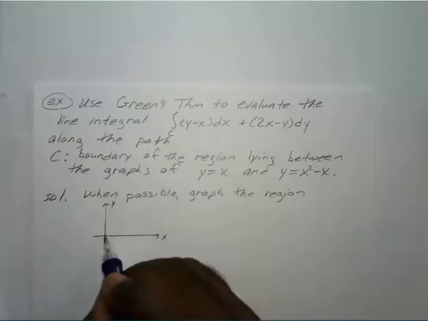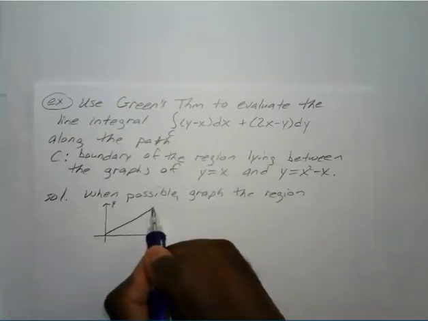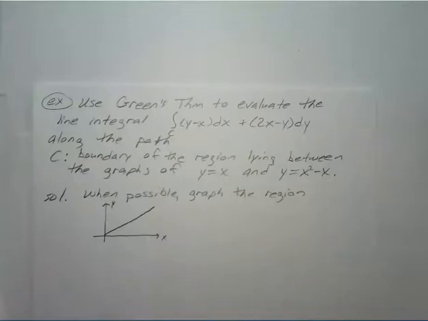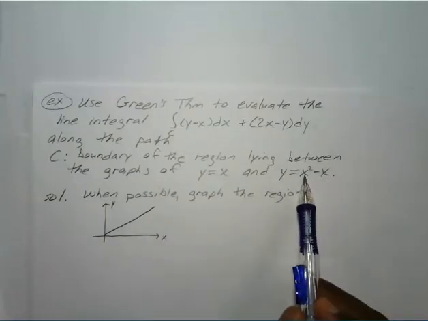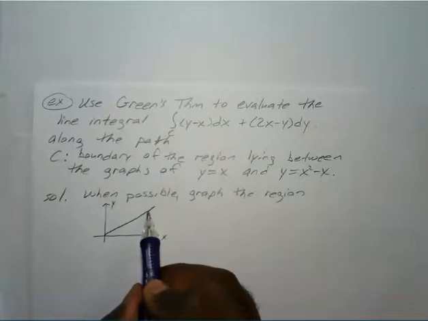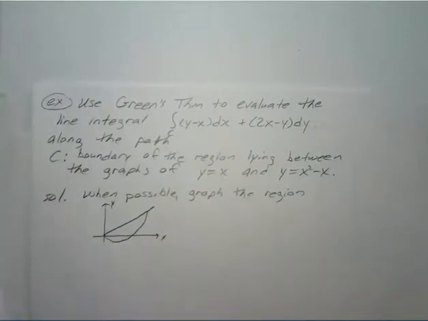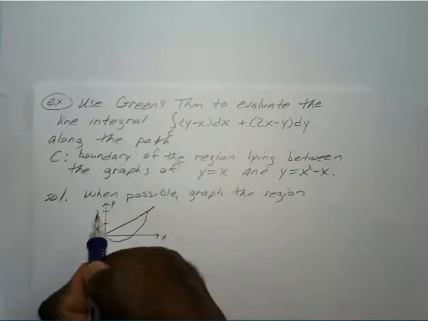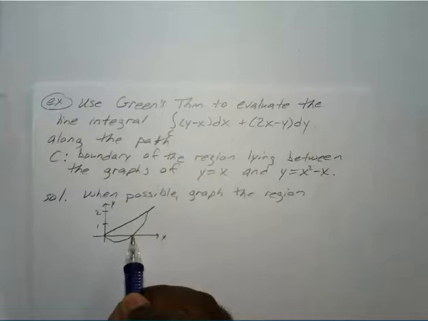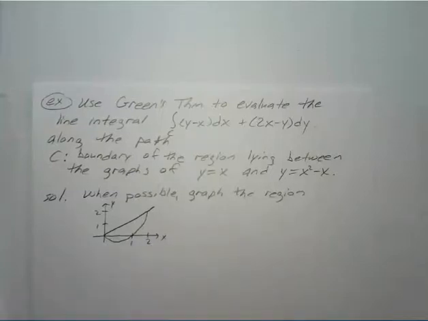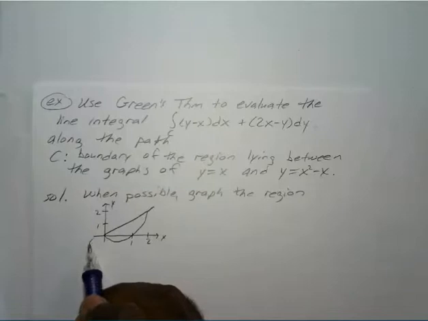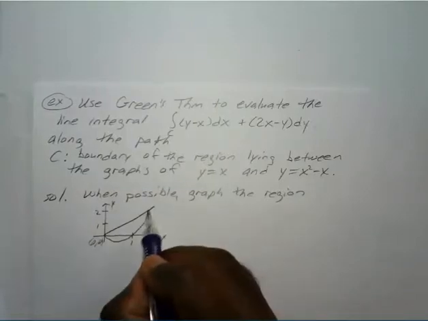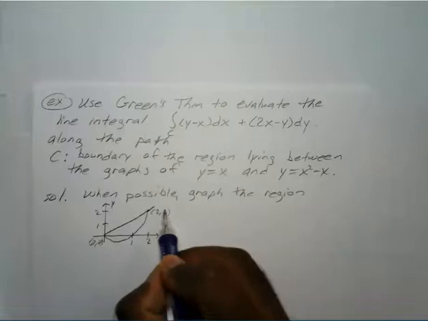Our y equals x, of course, looks like that. And our y equals x squared minus x actually looks something like this. Okay, so this is our 1, this, of course, is our 2. This is our 1, that, of course, is our 2. So this is our origin of (0, 0). The point where they intersect is (2, 2).